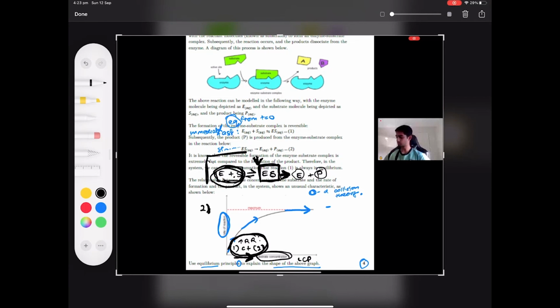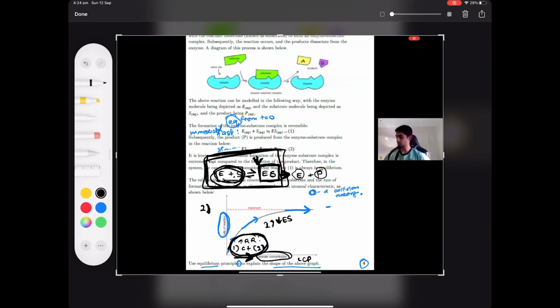And how's it going to affect this equilibrium here? It's going to shift it in what direction? Slightly. Right. Yeah, so the second point I would mention would be, as we proceed through the reaction, we're going to get a decrease in ES concentration.